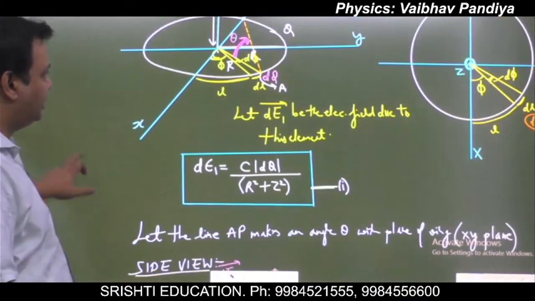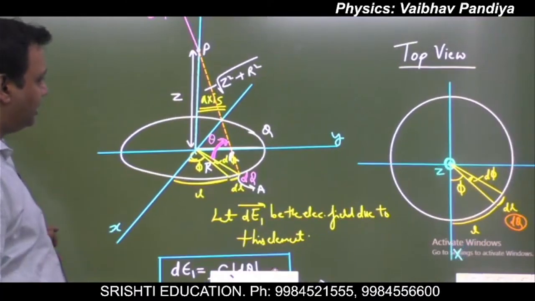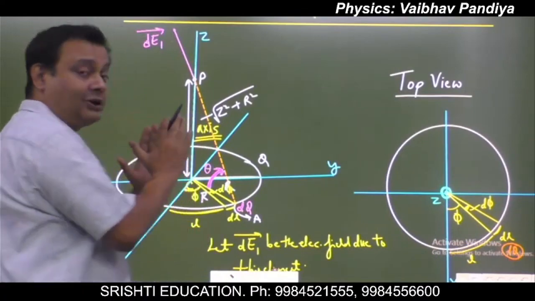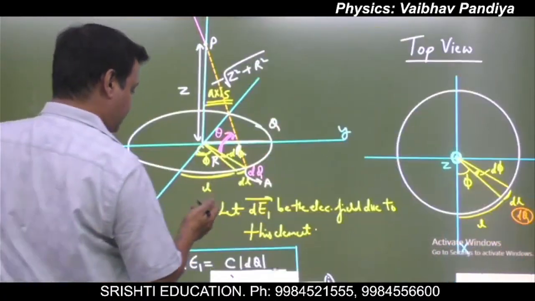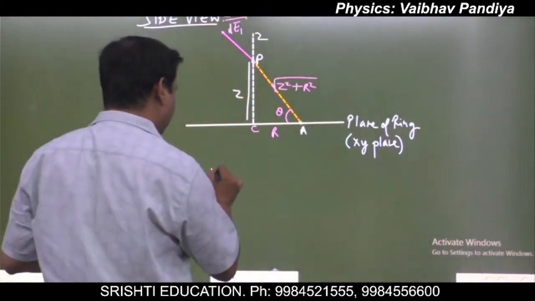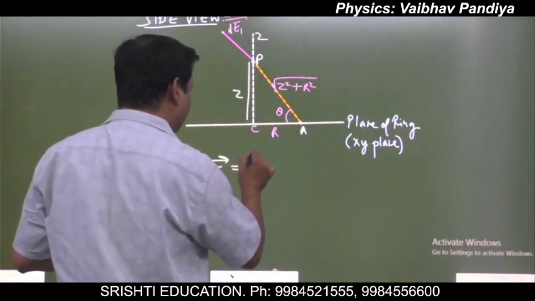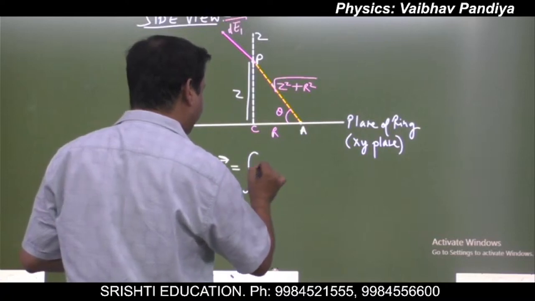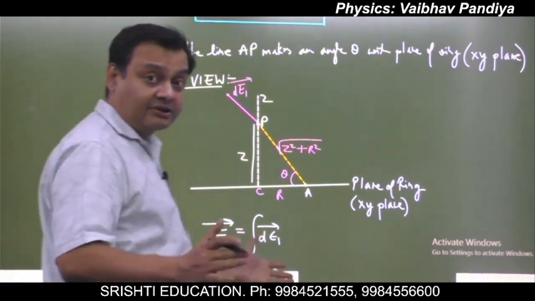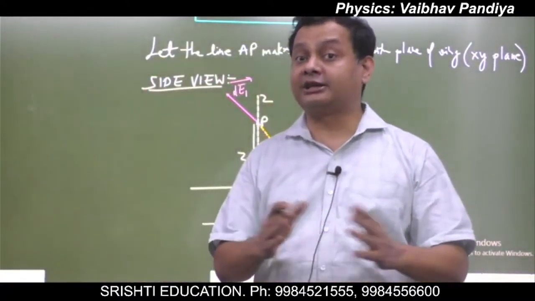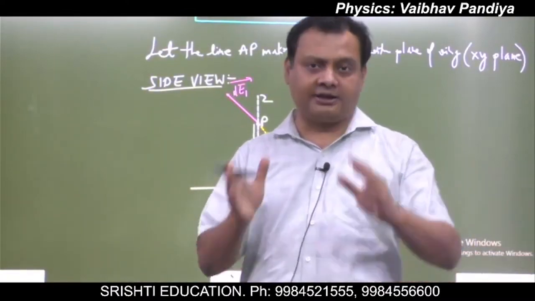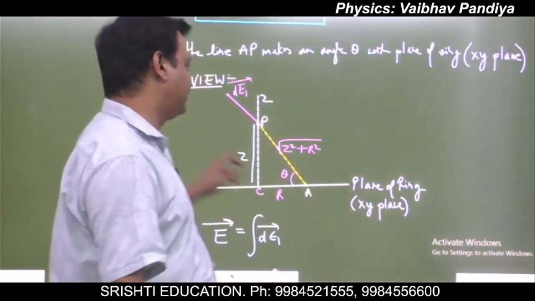Now see, dE1, we have to take the components, because when you need to find the total field at P, it will be the summation of all dE1 because of different elements, correct? Now, since it is a vector summation, the vector integral, we have to take the components. Remember, whenever you are integrating a vector quantity, it cannot be simply integrated. We have to resolve them along different axes.